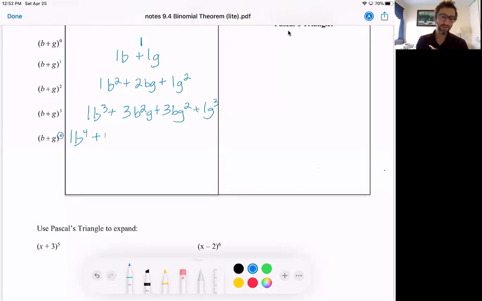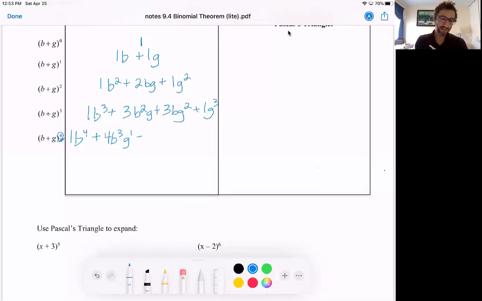This next coefficient is going to be a 4. Do you know what the variable part of the term is going to be? Can you make a conjecture based on the patterns that we've been seeing? Well, we would have a b cubed and a g to the first. Notice that the sum of the exponents, that third and that first, add up to 4, which is the power we're raising the binomial to.